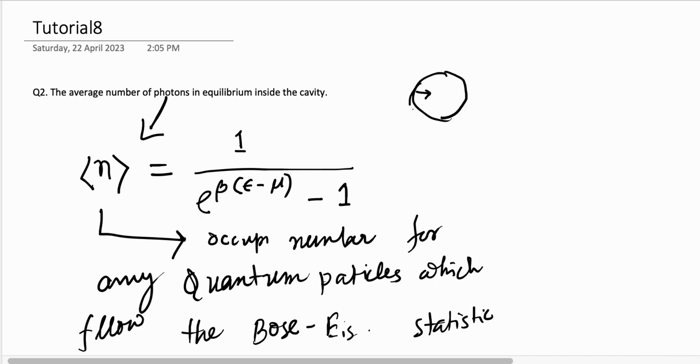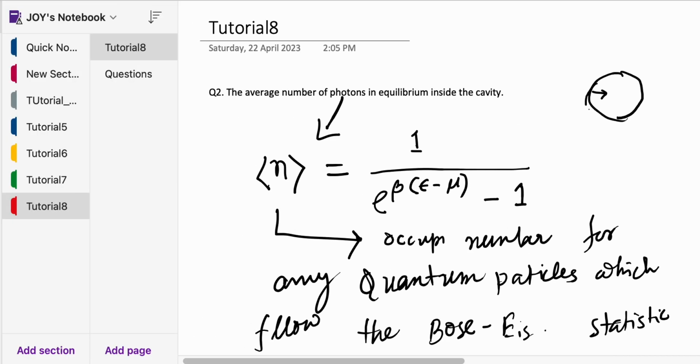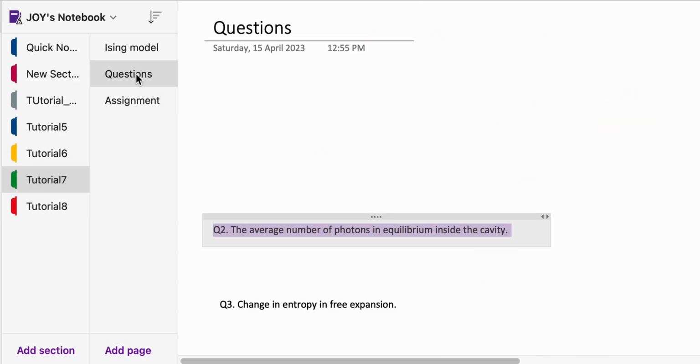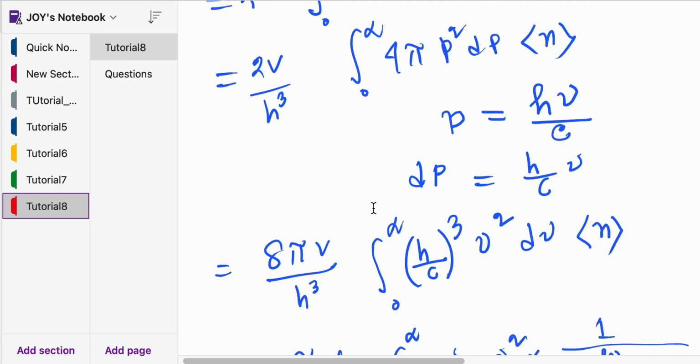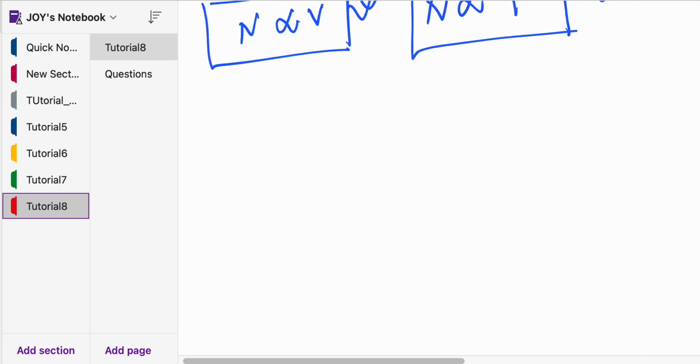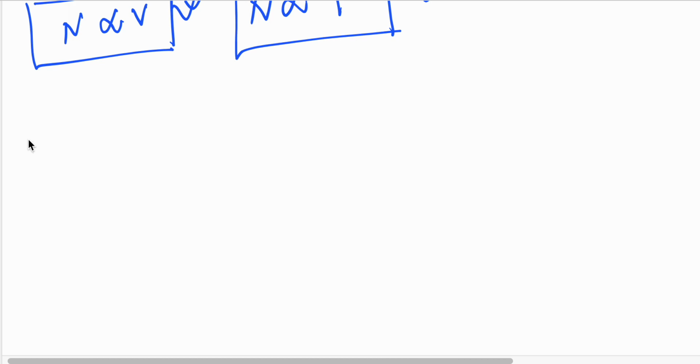Now let's move toward the second question. In the second question we have to calculate the change in entropy in the free expansion. So let me first explain what free expansion is.